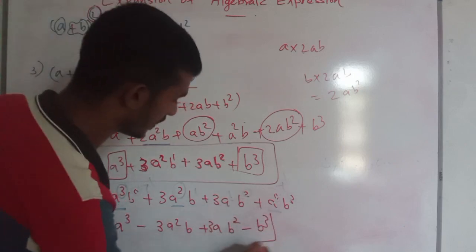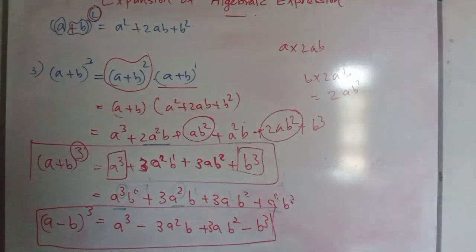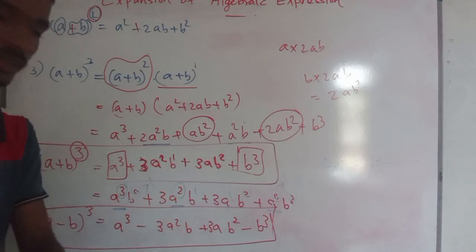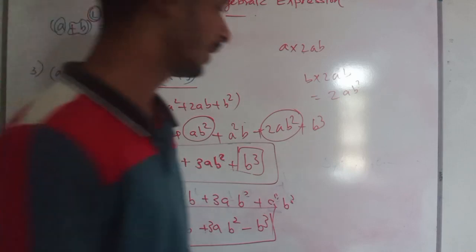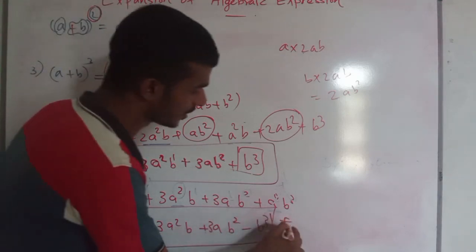So this is the expansion, right? Alternatively you have to place minus. So here you see plus, then in the second term of the expansion you have minus, and in the third term you have plus. So alternately, one after one you have minus. So you can just remember this expression.